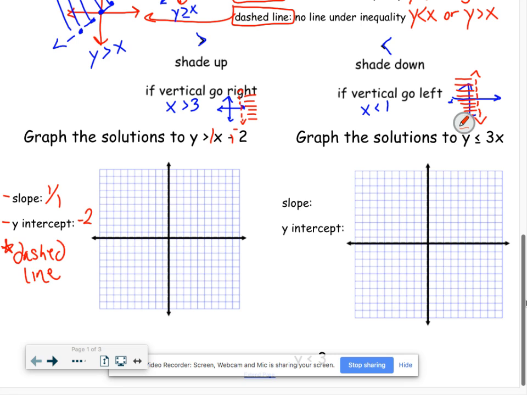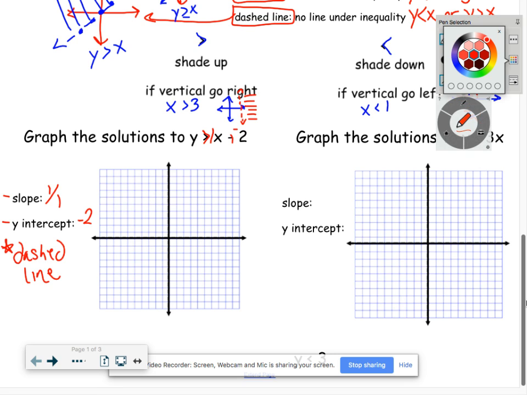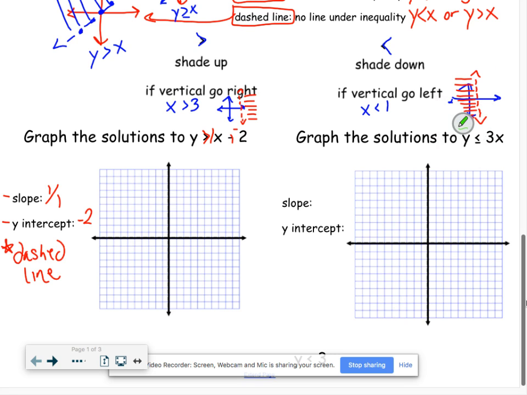So do not make it a solid line. You do not have a solid line under it, okay, because it's only greater than. And if it's only greater than, what you need to do is make it a dashed line. You can't say that it actually equals it.